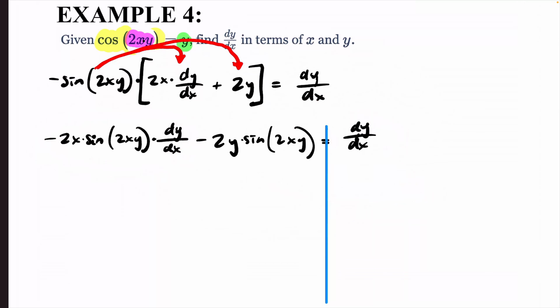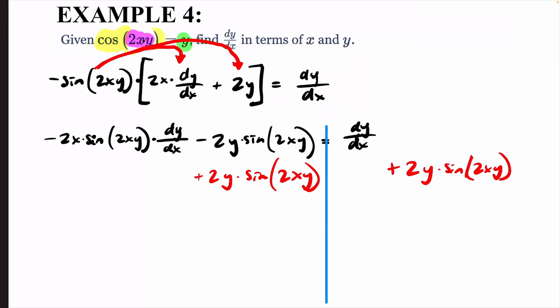So what I'm going to do, is this the only way? No. But this is what I'm going to do. I'm going to move this guy over here, and then I'm going to subtract dy over dx over here.